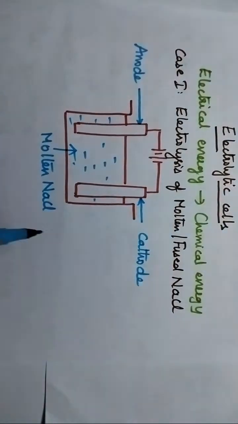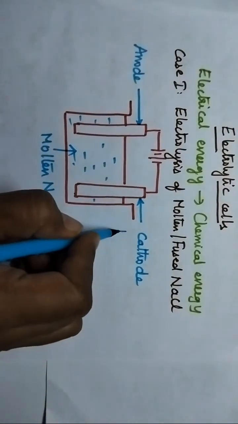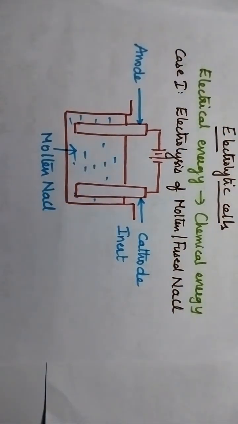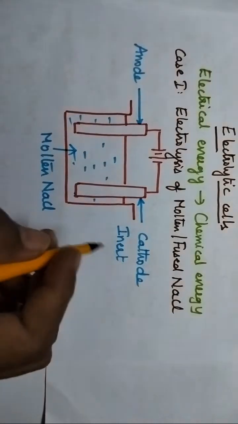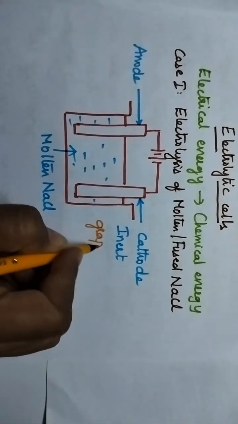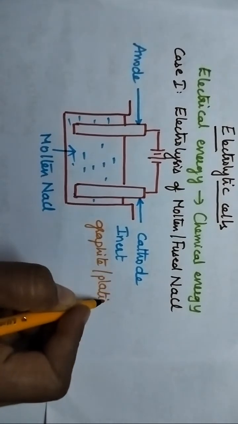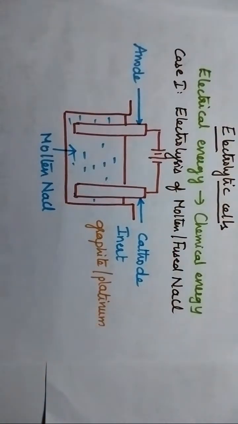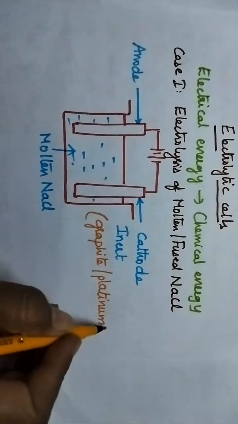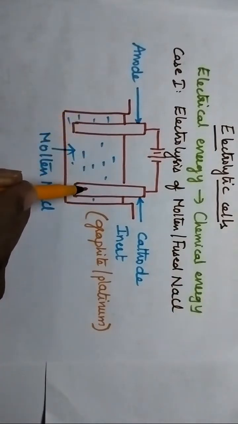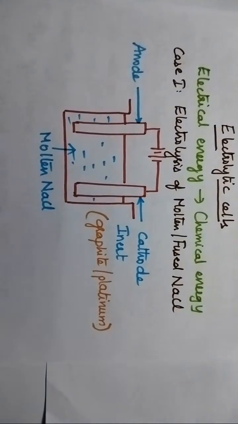And remember that in general these electrodes are made up of inert material such as graphite or platinum, so that these electrodes will not participate in the reaction.